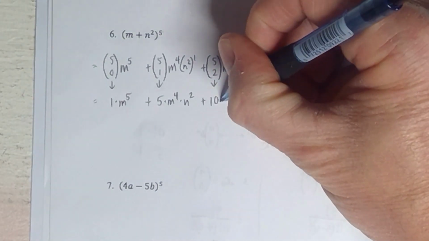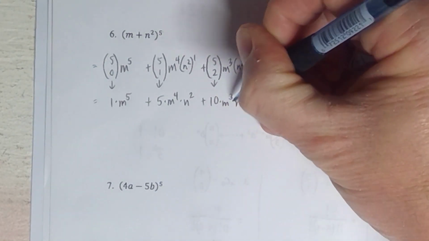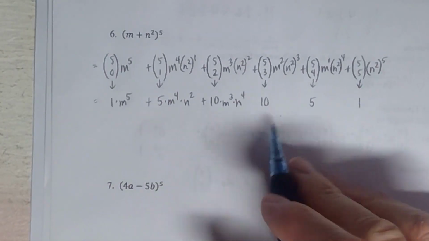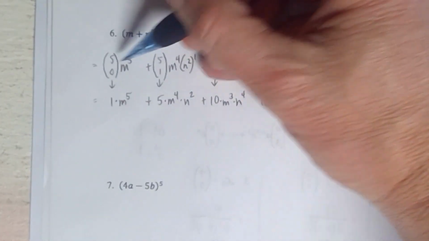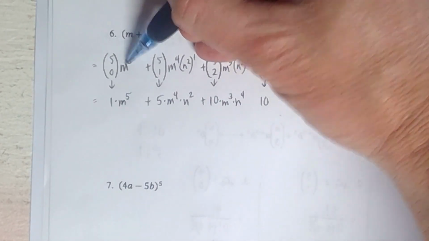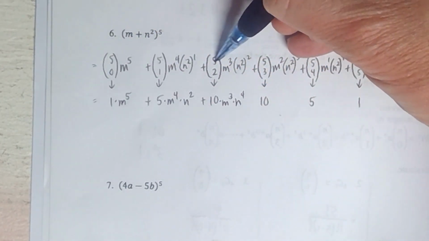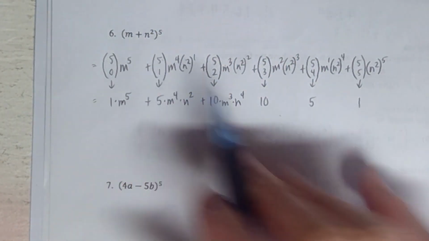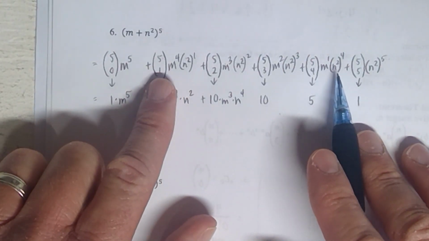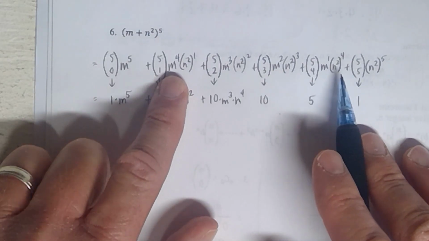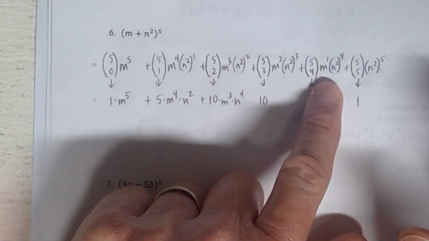Okay, and then we bring down the m to the third as well. Notice, you guys, that I've been bringing down these things. Like I said in the last problem, we multiply the different parts together. These two parts here, these three parts, these three parts. All the middle terms here, the middle groups, are going to have 3 parts to it. This one, this one, this one, and this one.